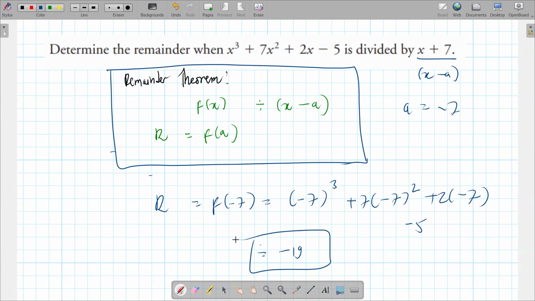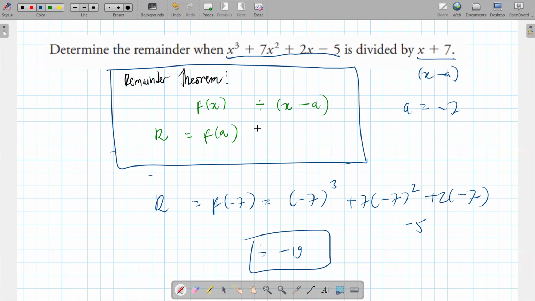So here's a question for you. We got a remainder of -19, not a remainder of 0. Is x plus 7 a factor of our polynomial? Yes or no? The remainder we got is -19. No, it's not.